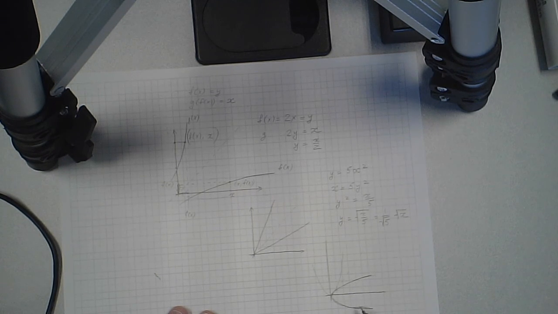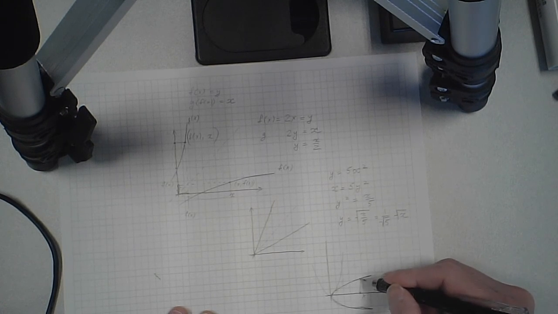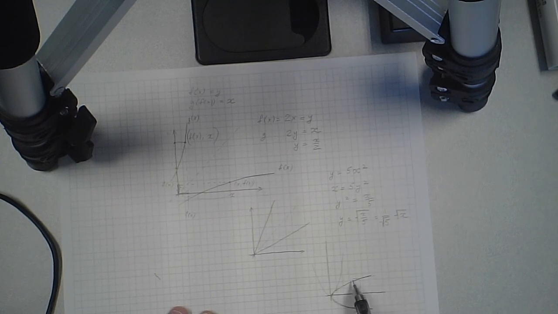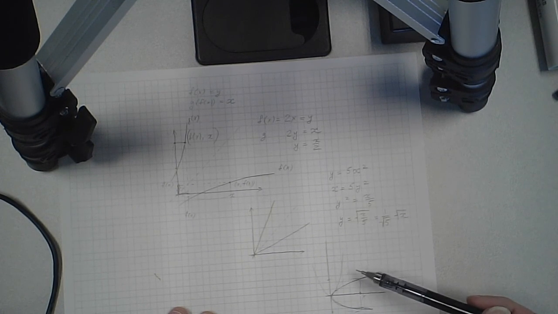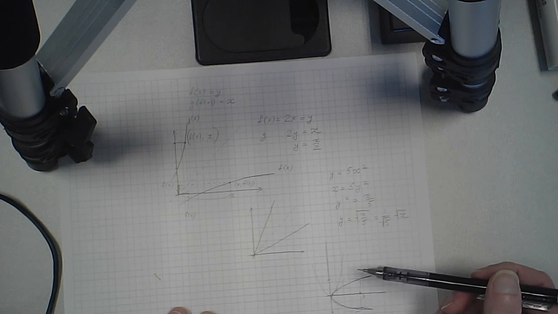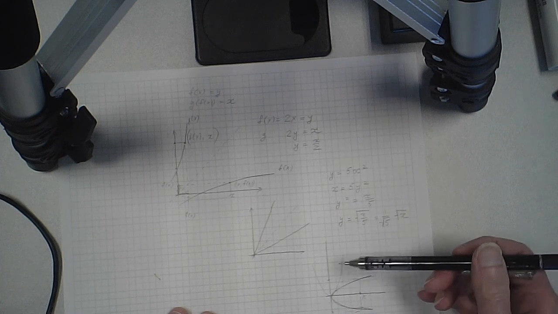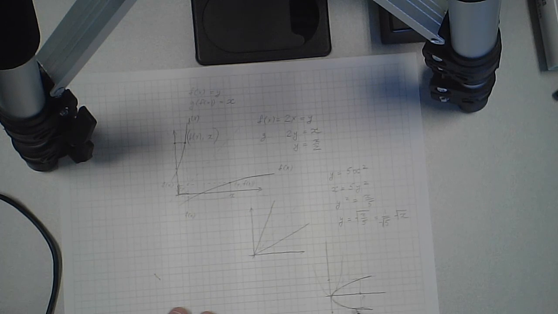I don't like it because I don't like functions which have dual outputs, right? I put my x in, I get two results out of it, here and here. So normally when we try to get an inverse function, we limit the domain so that the domain and range don't get this duality, right?